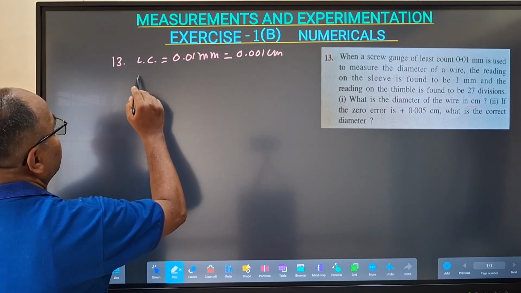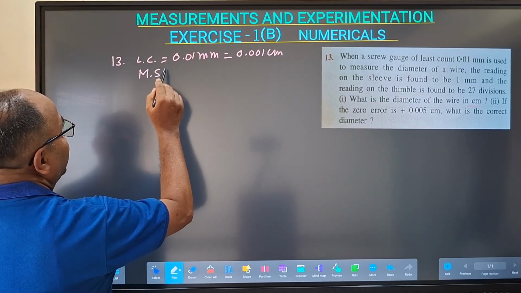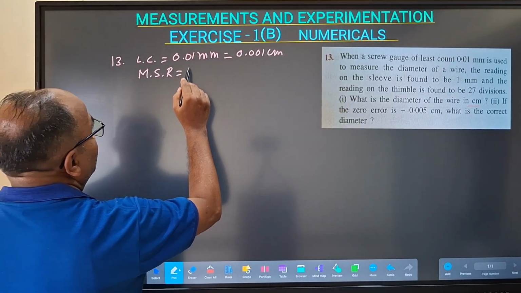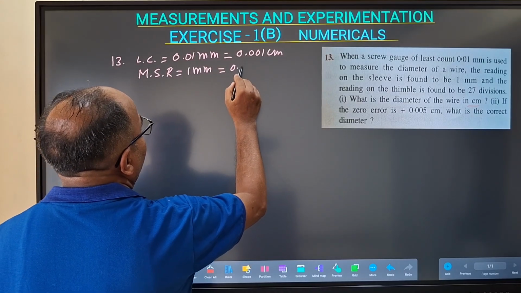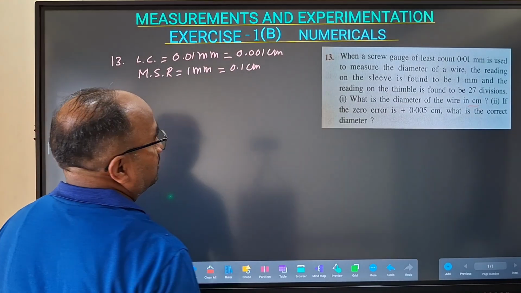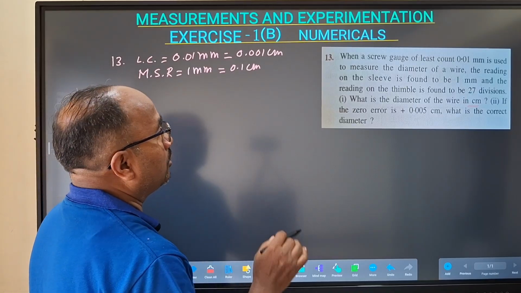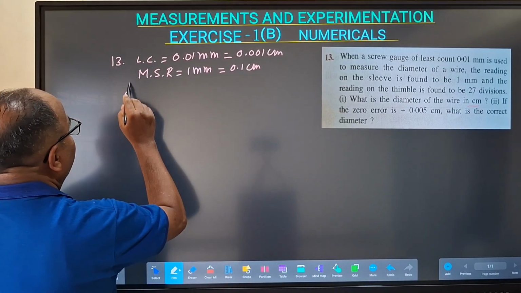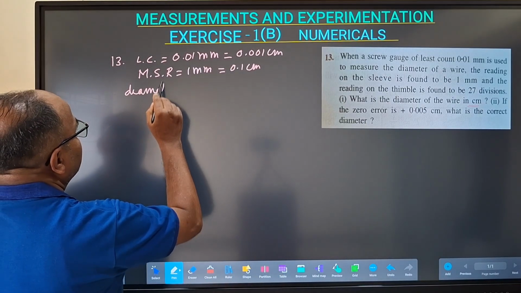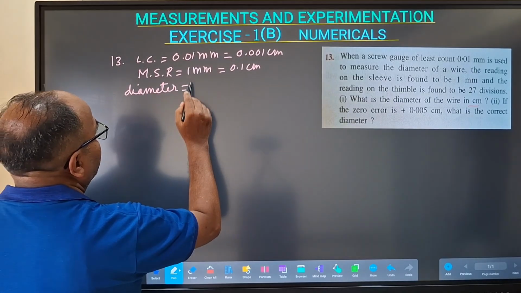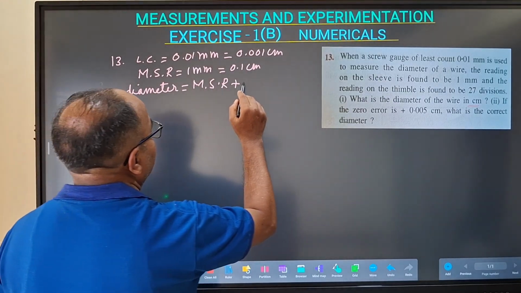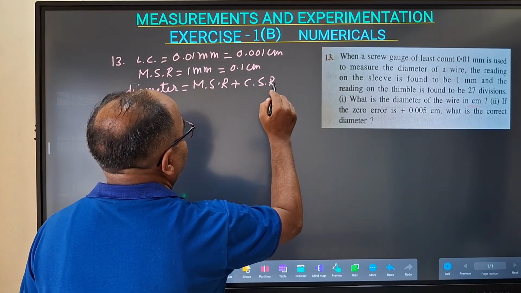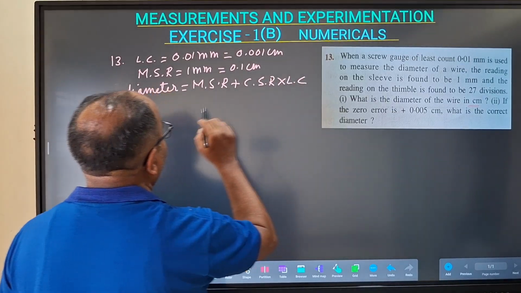Okay, the main scale reading is given to me as 1 millimeter. So that will become 0.1 centimeter. Okay, so now I will go to find the diameter. MSR plus CSR into the least count.